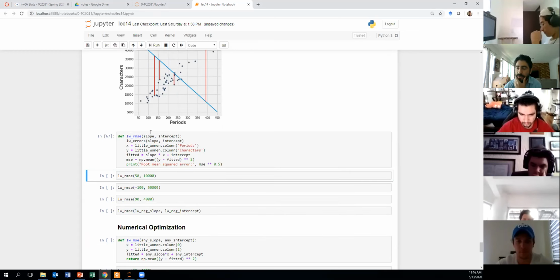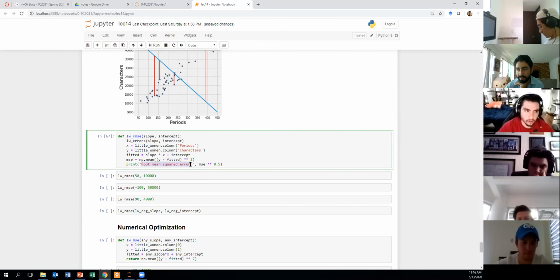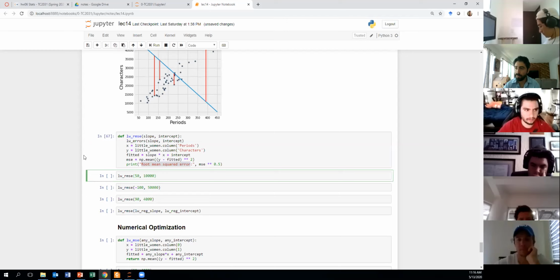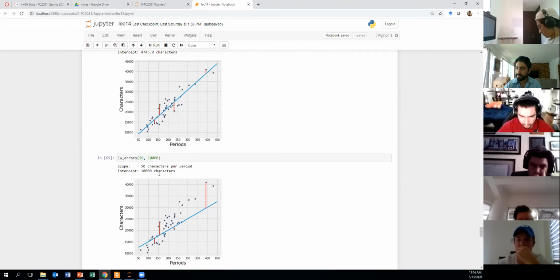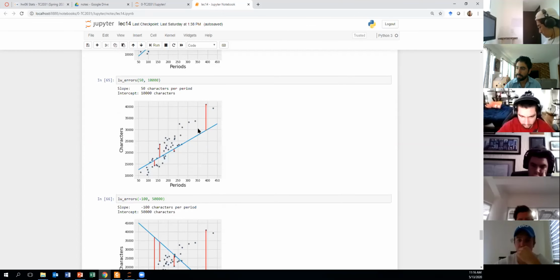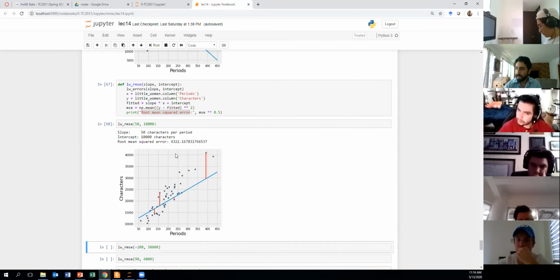So I defined a function to take the slope and intercept and print the root mean square error, or RMSE, for me. I do the same for the line I drew here, 50 and 10,000. So I do this.